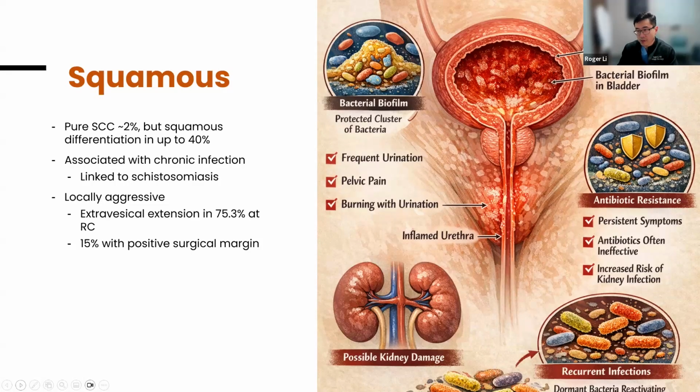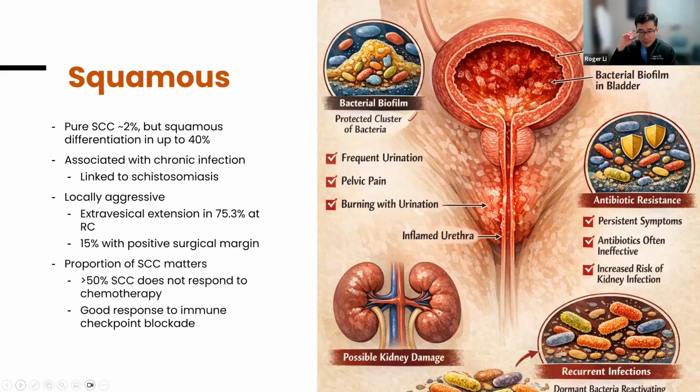And because they're so widely invasive, about 15% of the time when we do radical cystectomies, we actually come up with positive surgical margins, meaning that we're leaving tumor behind. And just as a comparison, for conventional urothelial carcinoma, that number should be less than 2 to 3%.